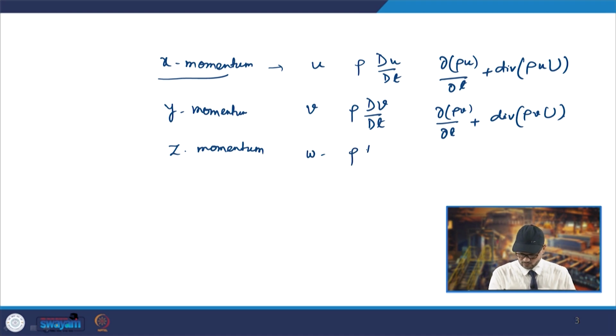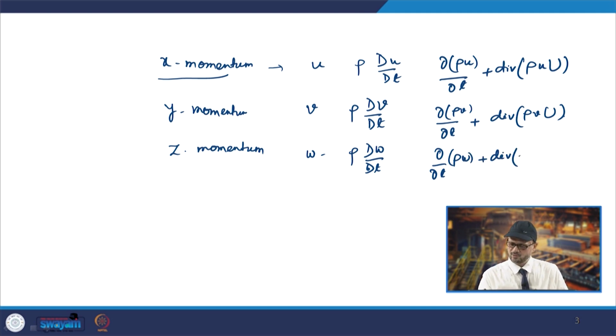So, it becomes ρ Dw/Dt, and that becomes equal to ∂(ρw)/∂t plus div of ρwu.